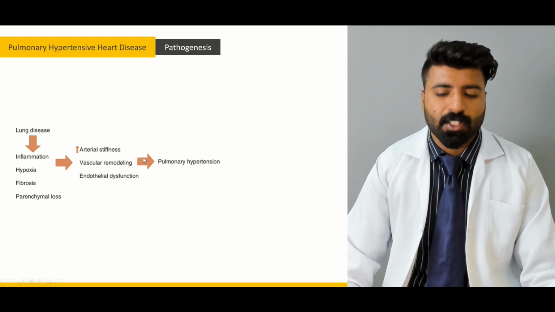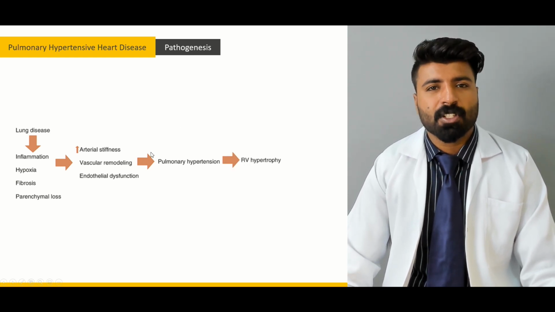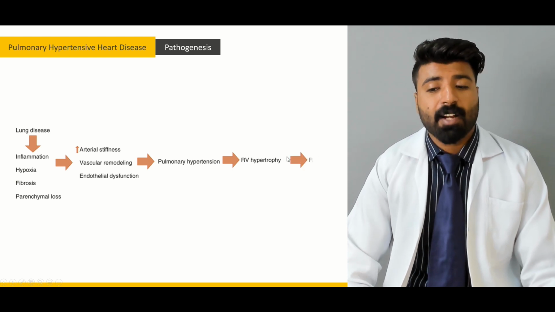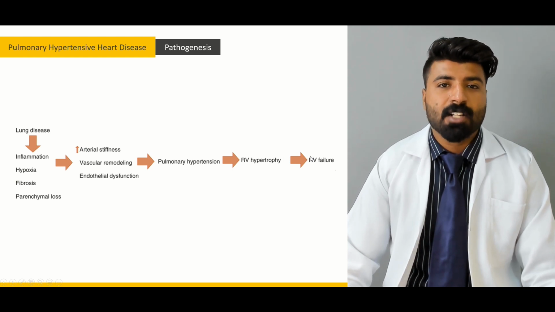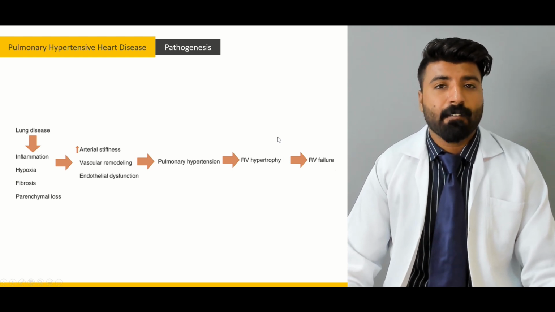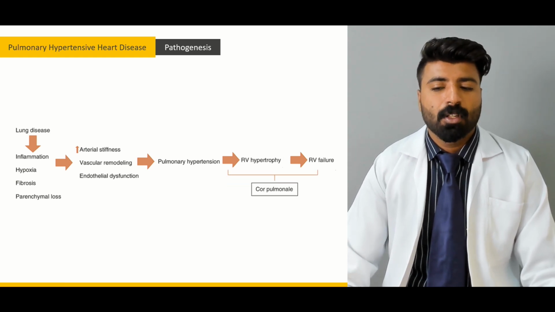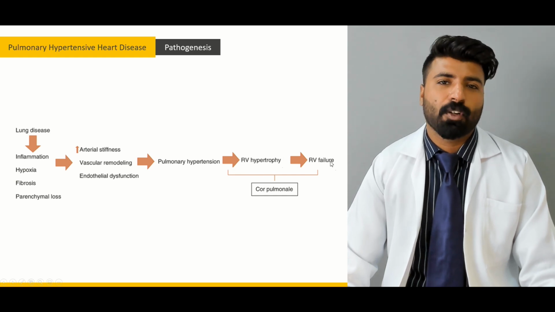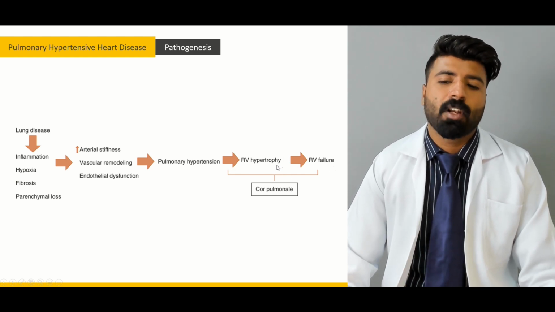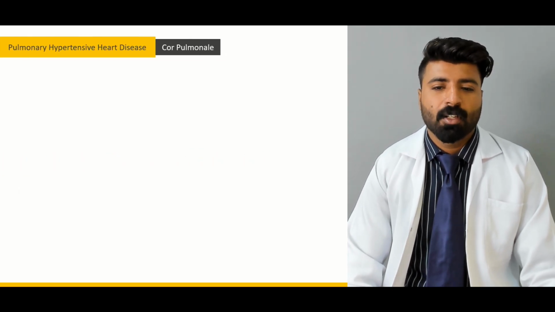All of this will lead to pulmonary hypertension, and this will lead to right ventricular hypertrophy and then right ventricular failure. Hypertrophy and right ventricular failure together, we call cor pulmonale. So this is the pathogenesis of it.